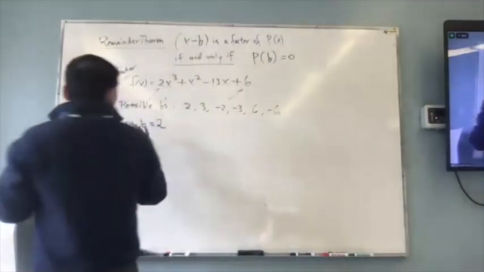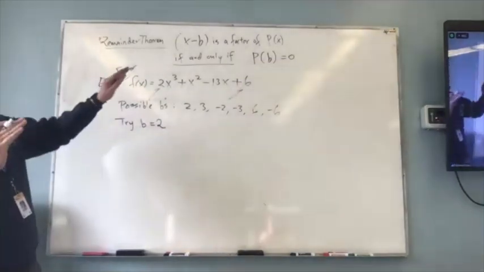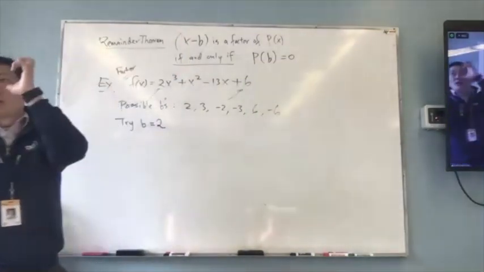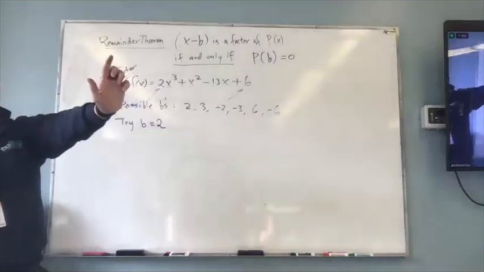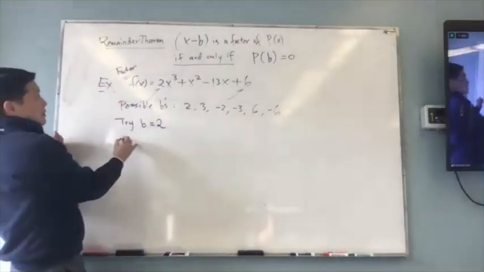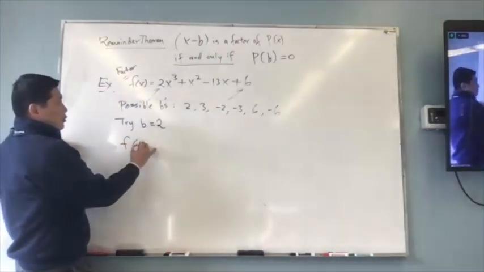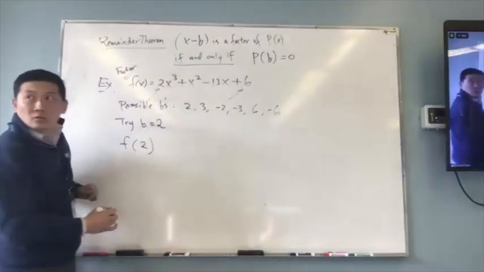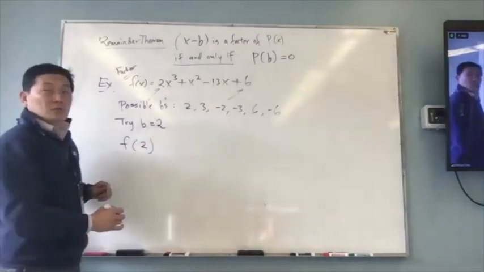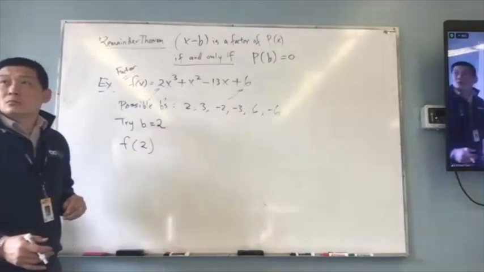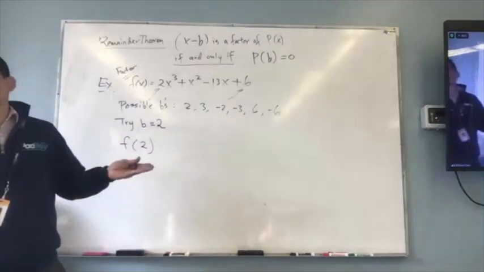So if b turns out to be the factor that will give me x minus b as a complete factor for that polynomial, then f of 2 should equal 0. But if it doesn't equal 0, I have to try something else.